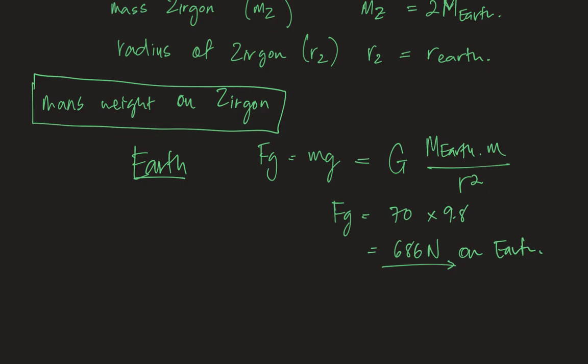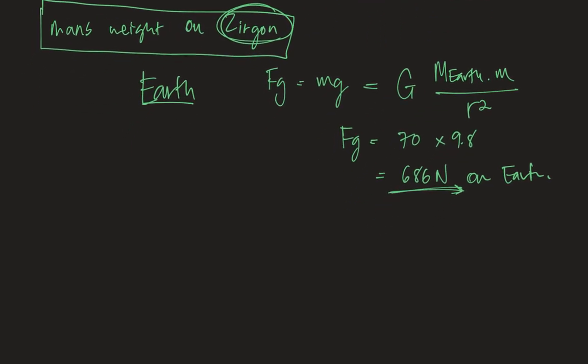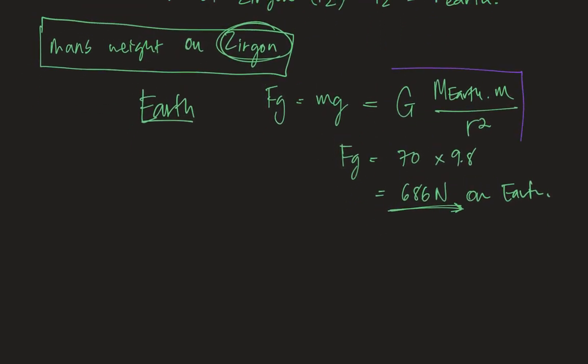Now we need to find out its weight on this planet here. When you do these types of questions, you take the formula that you've been given and you change only what is required.